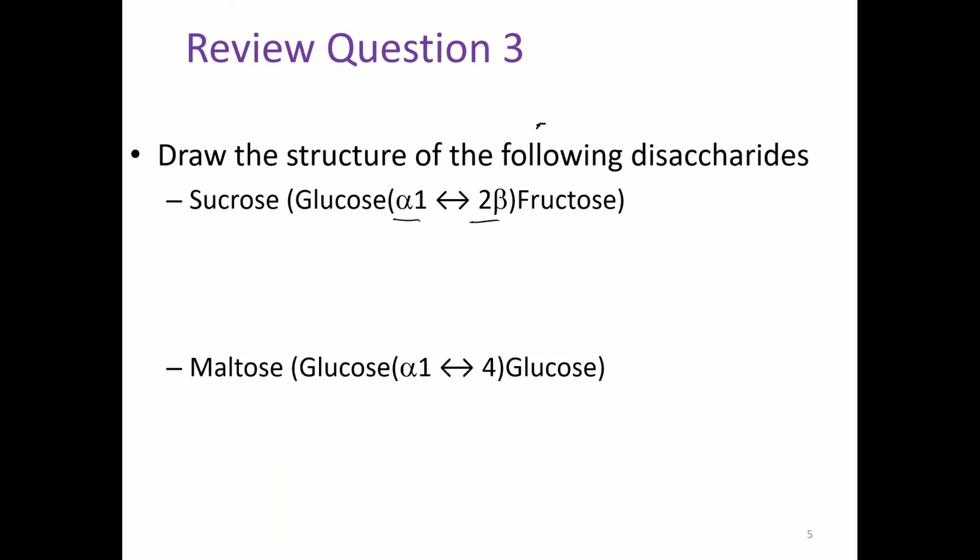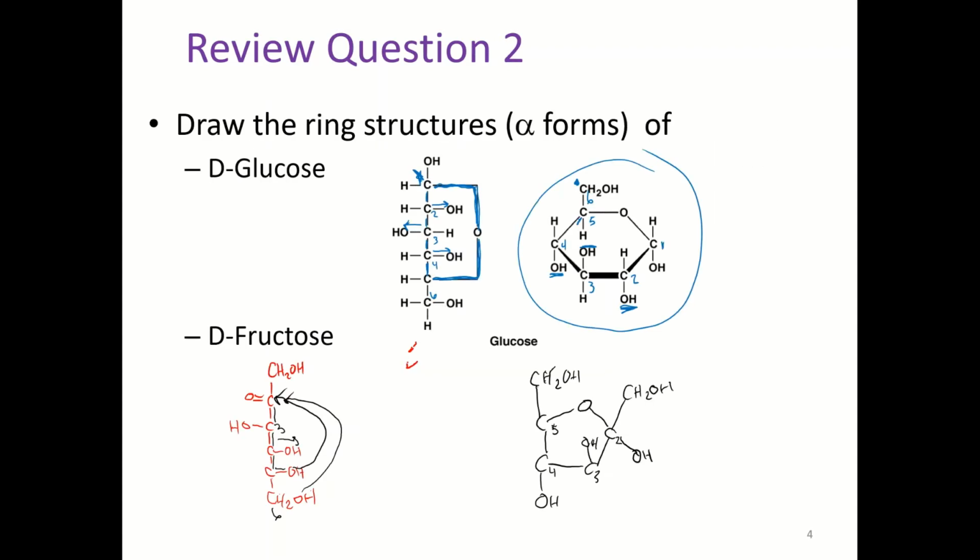So this one becomes a little bit more complicated because it is 2 anomeric carbons that are making the glycosidic bond. Okay. So if we look back at the ring structures we drew, we want to connect them at the anomeric carbon, so carbon 1 in glucose and carbon 2 in fructose.